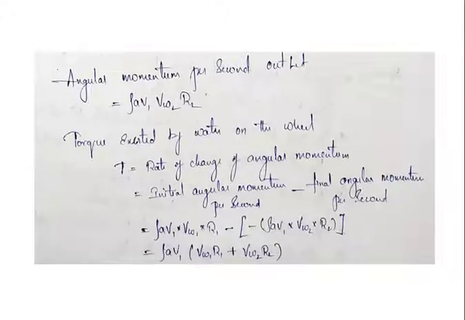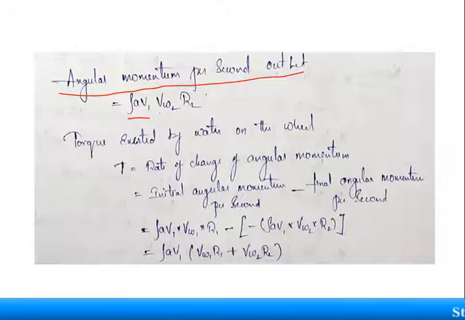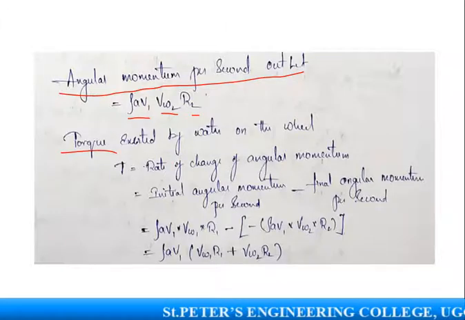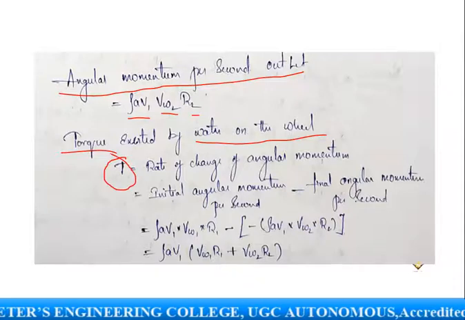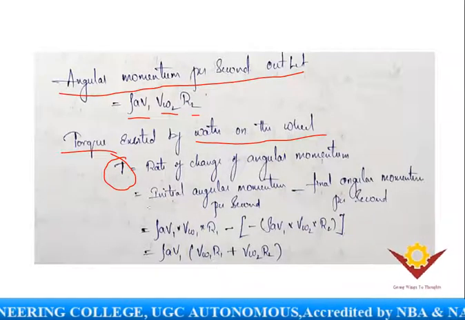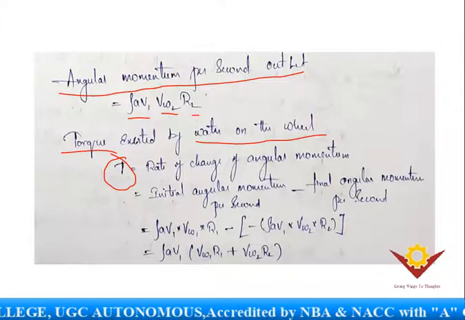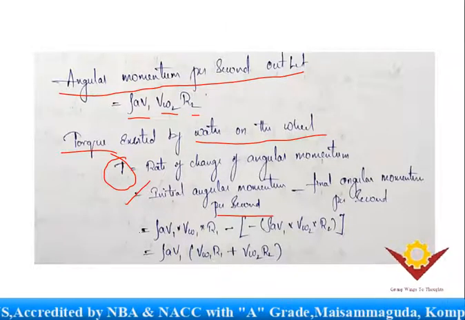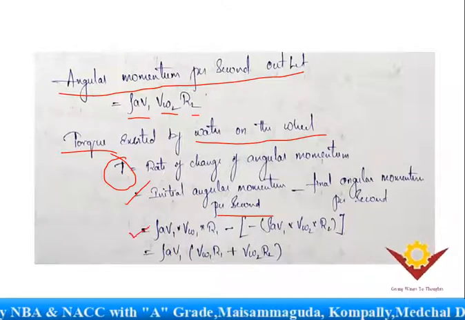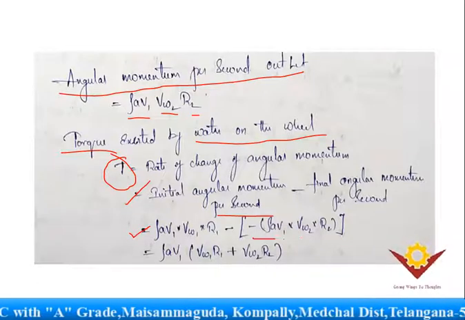And the angular momentum per second at the outlet is mass into velocity into radius. And finally the torque exerted by the water on the wheel is T, which equals the rate of change of angular momentum, which is nothing but initial angular momentum per second minus final angular momentum per second. And we know the initial and final angular momentum.